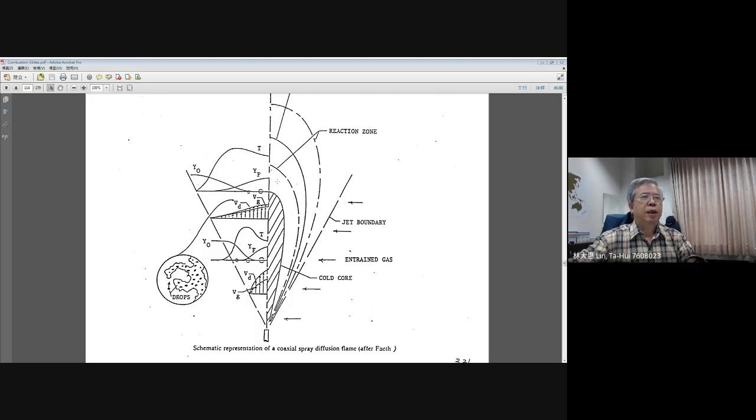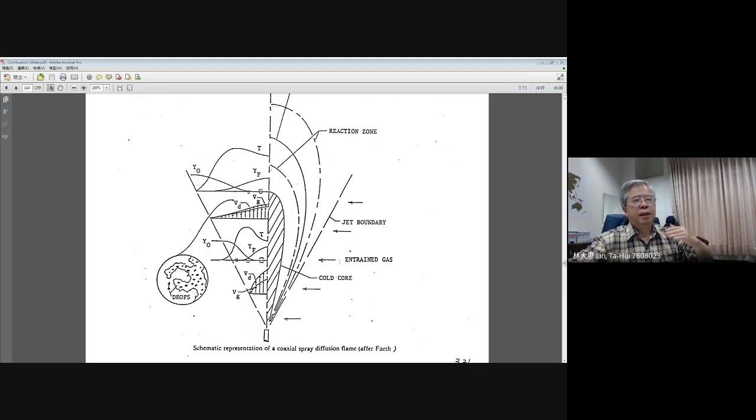You will find that there is still a maximum temperature distribution, but it does not have such a high peak, and the temperature distribution becomes more uniform downstream, because this region basically belongs to so-called turbulent premixed burning. There is an overall mix of the fuel vapor and oxygen, and you cannot see very distinct behavior of the diffusion flame structure. You may not have droplets existing in the outer region of the diffusion flame.